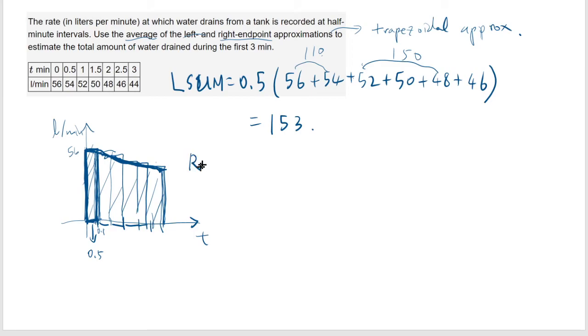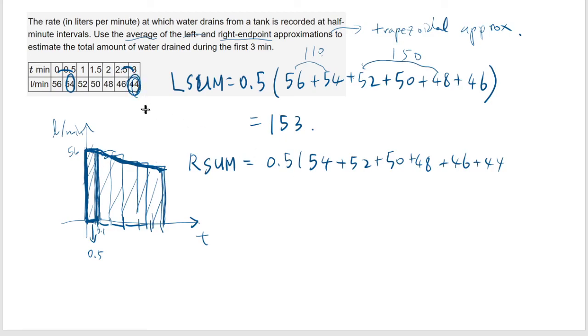Now let's do the right sum, where for each interval you use the right endpoint's height. The base length is still 0.5 as before, but the right endpoint values are 54, 52, 50, 48, 46, and this time we end at 44, because the last interval's right endpoint has the value 44.